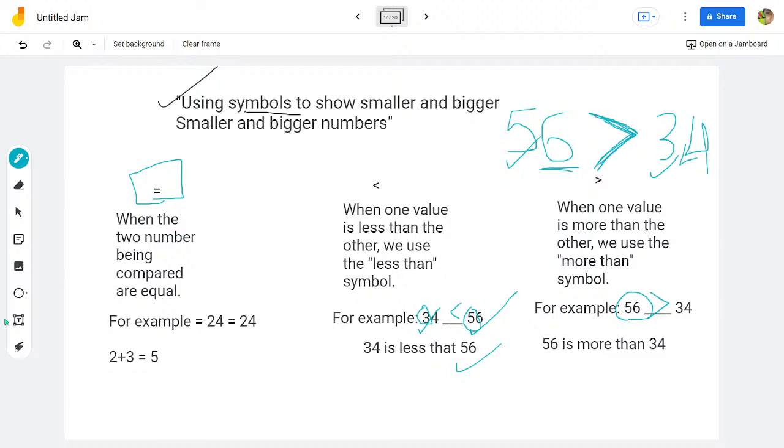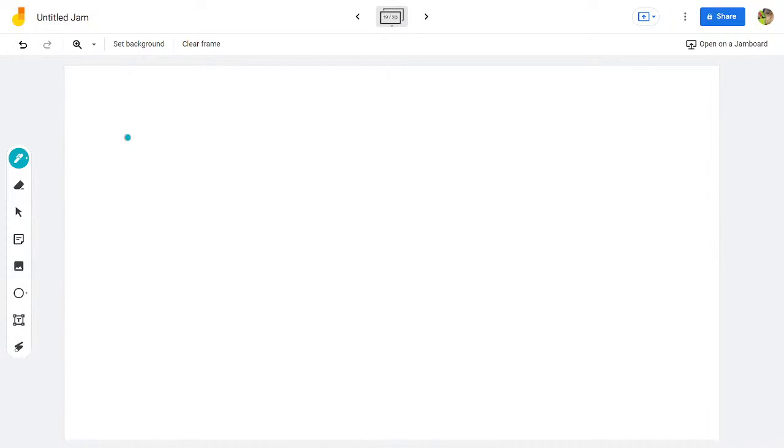Okay, now we are done with the basic three symbols of comparing numbers. Now let's move on to how to compare two digit numbers or two 3-digit numbers. So we would be learning about them over here.